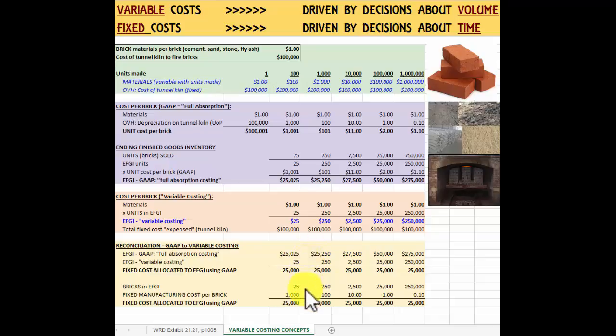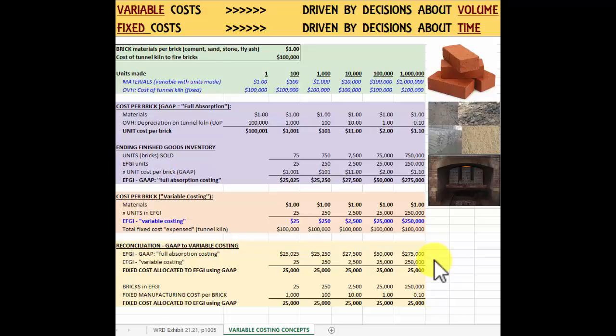So, if we would take the finished units in ending inventory in each of the volume levels and multiply it by the fixed cost per unit at each of the volume levels, we would indicate the amount of fixed cost allocated to ending inventory and will always show the difference between full absorption costing and variable costing.